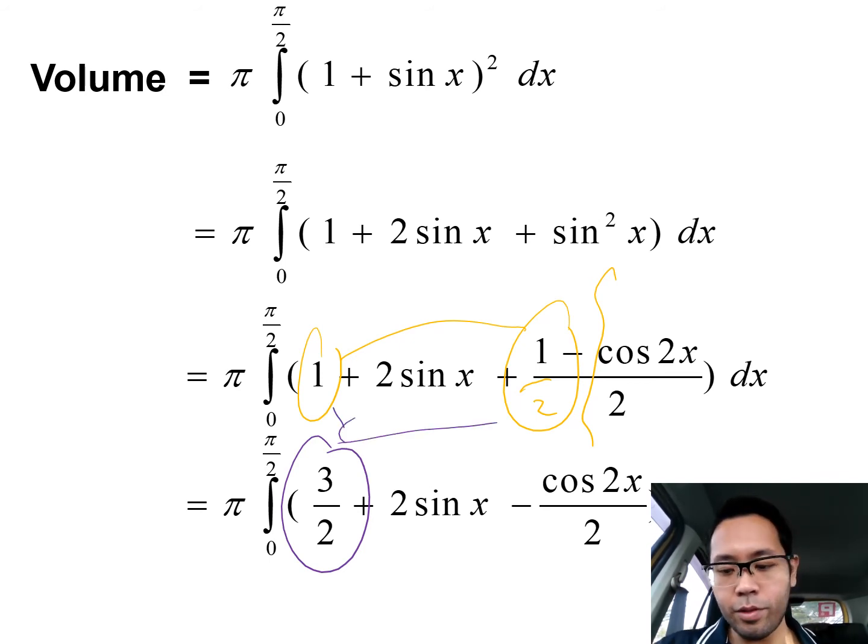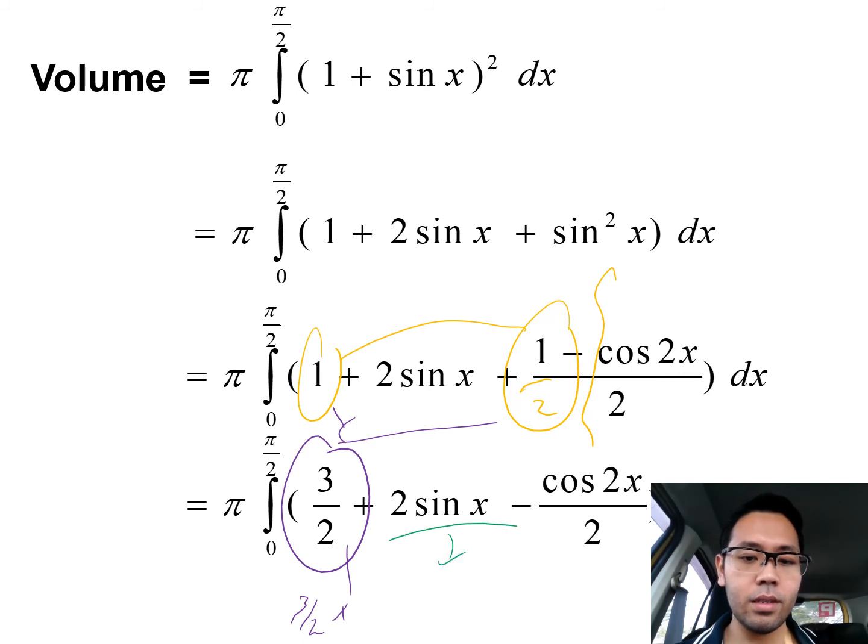And then from here, you integrate. Integrate 3 over 2 to get 3 over 2 x. Integrate 2 sine x to get negative 2 cos x. Integrate the other one.